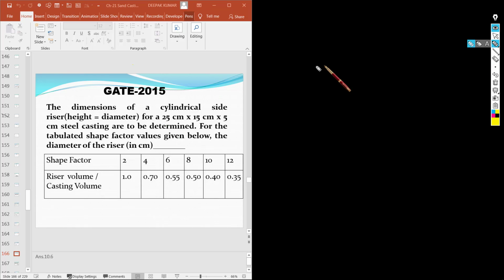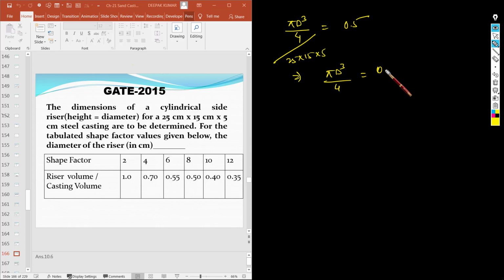We'll solve that. Pi D cube divided by 4 is the volume of riser, divided by volume of casting, that is 25, 15 into 5, and that ratio is 0.5. So from here pi D cube divided by 4 is equal to 0.5 into 25 into 15 into 5.